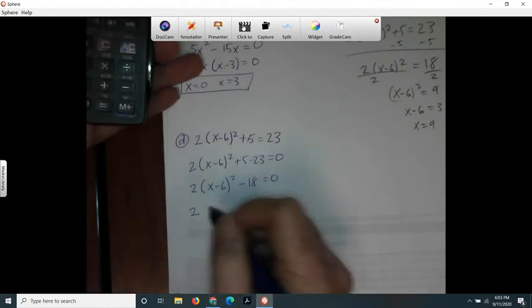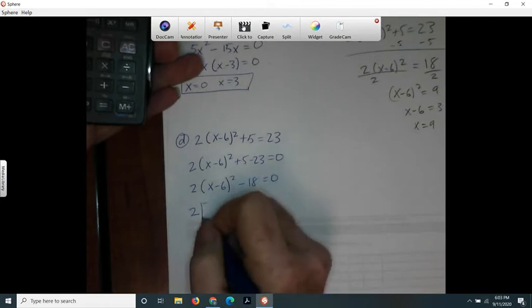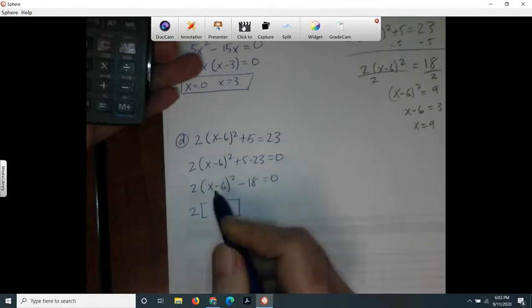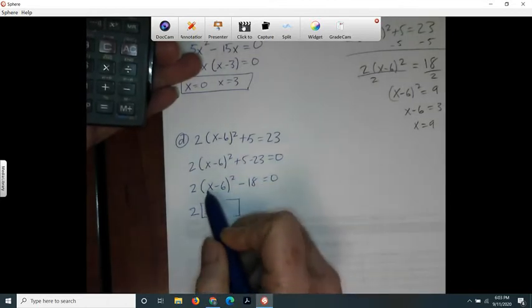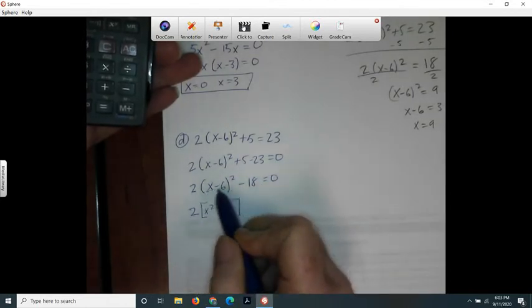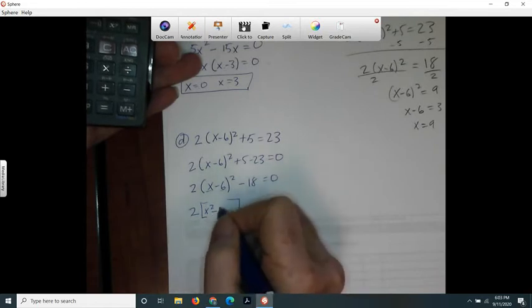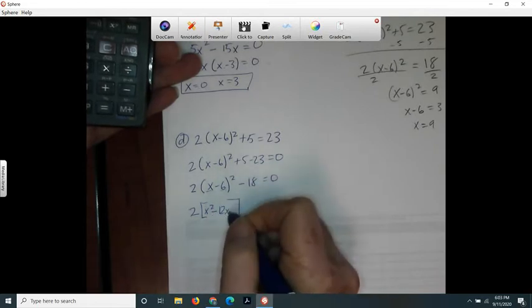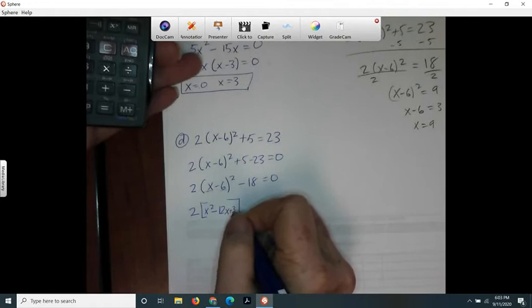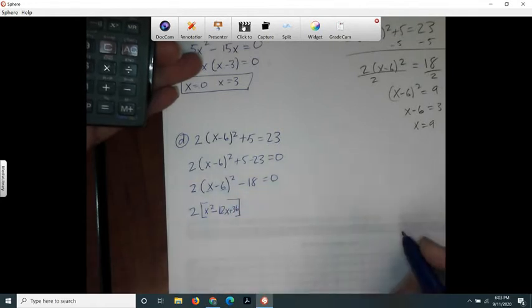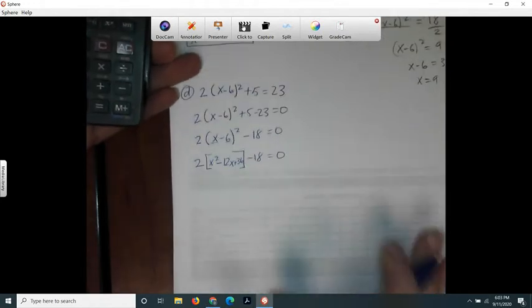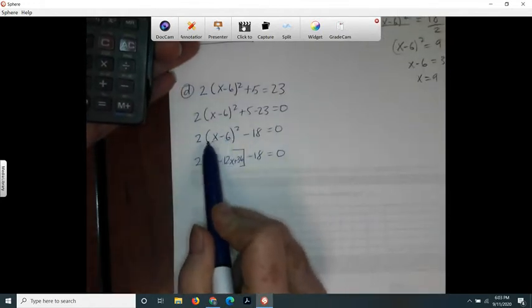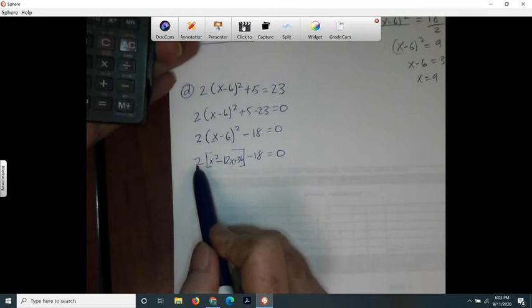So I think what I'll do is I'm going to square this out. So this would be x squared, and then the middle term will be this times 2. Plus this is 36. Okay, so all I did is I squared this part out, and then I have to remember to multiply my 2 in there.